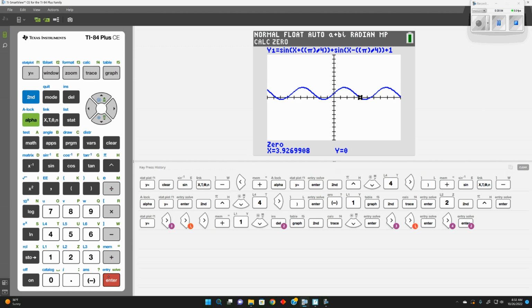And luckily for us, we know exactly what 3.9269908 is. Oh, I have no idea what that is off the top of my head. So it'd have been nice if it was something like 1.57, because if it was, we know that's going to be an angle of pi over 2. Or if it was a number times 1.5, then we could go from there.